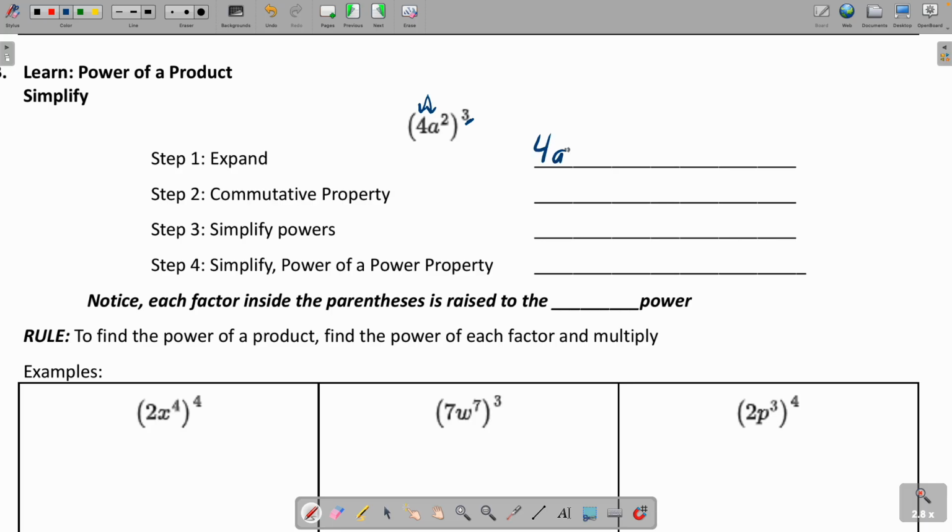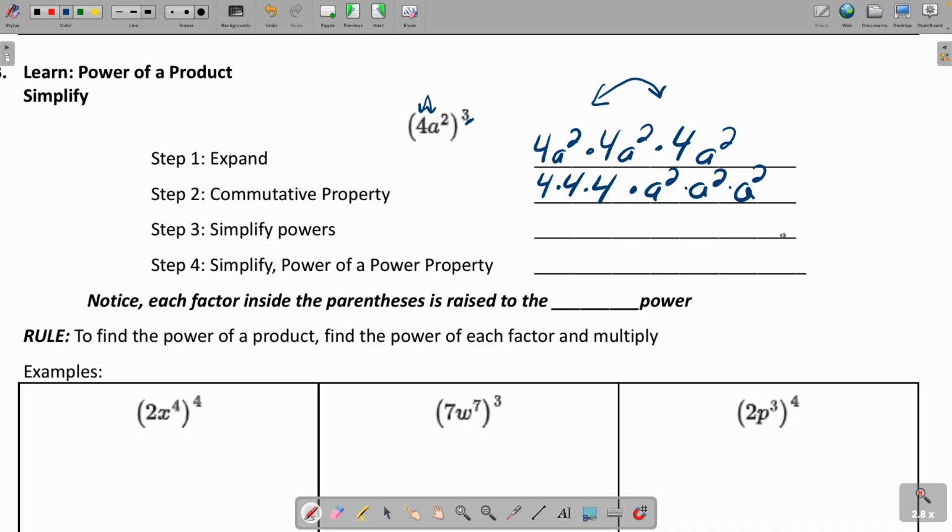I'm going to write 4a squared a total of 3 times. Then it says commutative property, which is the property that allows us to flip things around in multiplication. So I'm going to bring all my numbers out front. So 4 times 4 times 4, and send all my a's to the back. So we'll have 3 of those.